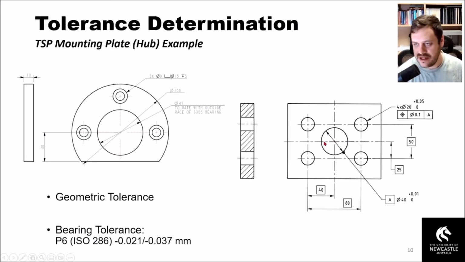If we consider this central hole as our common datum plane, which is shown by the A through here, you would do the same for this central hole on the diameter 100 with an A datum. Each of these holes, if you imagine from a positional cylindrical coordinate, needs to be within 0.1 of a millimeter in reference to datum plane A.